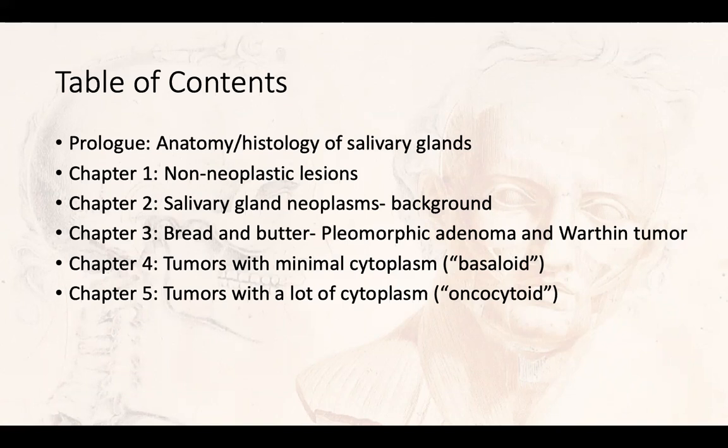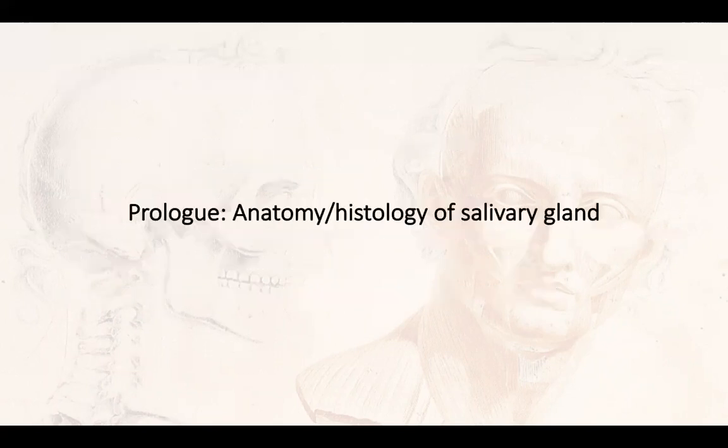Then I'm going to give you a little intro into neoplasms in general and basic concepts in salivary gland neoplasia. Then we're going to spend a minute talking about the bread and butter, the stuff we see almost every day, PAs and Warthin tumor. And then I'm going to talk about the more complicated entities and a way that we can sort of differentiate them and approach them with a good differential diagnosis.